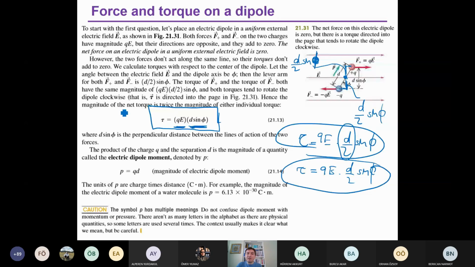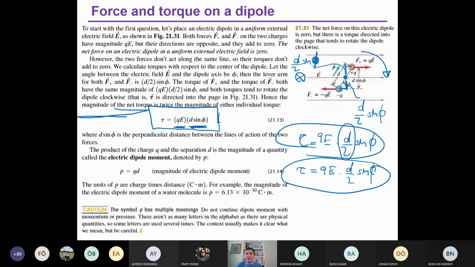And what about the direction of the torque? The direction of the torque is into the page, and the direction of the rotation is clockwise. I hope it is clear. Then here I have Q times d.